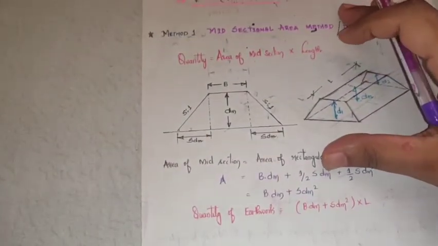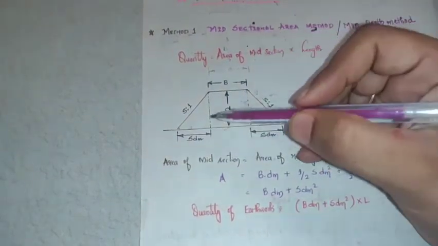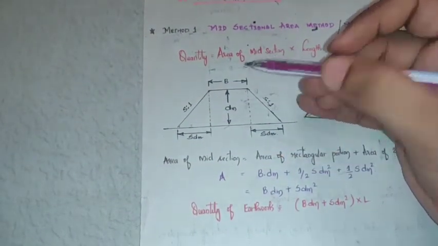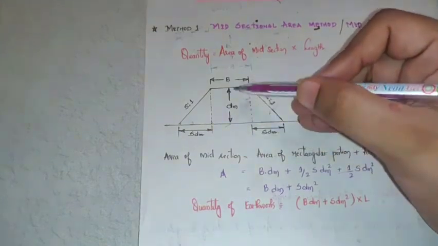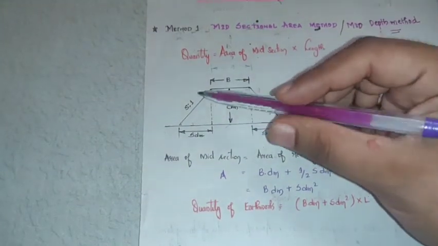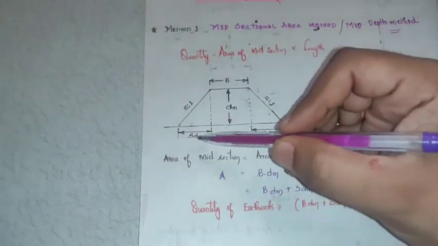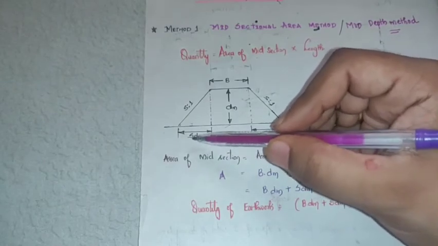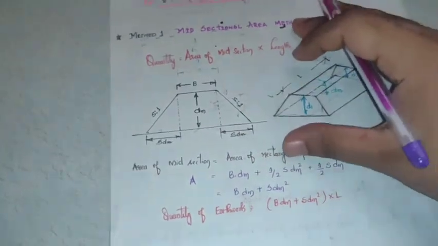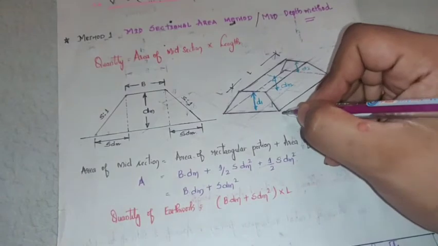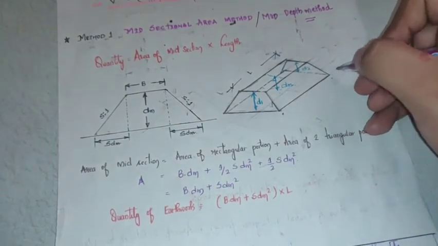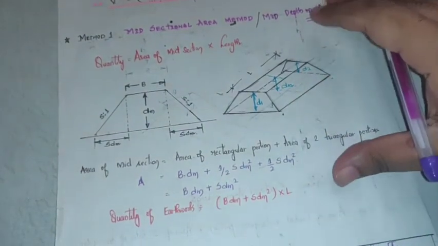Now first have a look at the cross-section here. Cross-section I have shown in filling. So width is B. dm refers to the mean depth. These are the side slopes, and S into dm refers to the slope at the mean depth. Now what is this mean depth? This is the point of 0 and this is some point at a distance from 0.